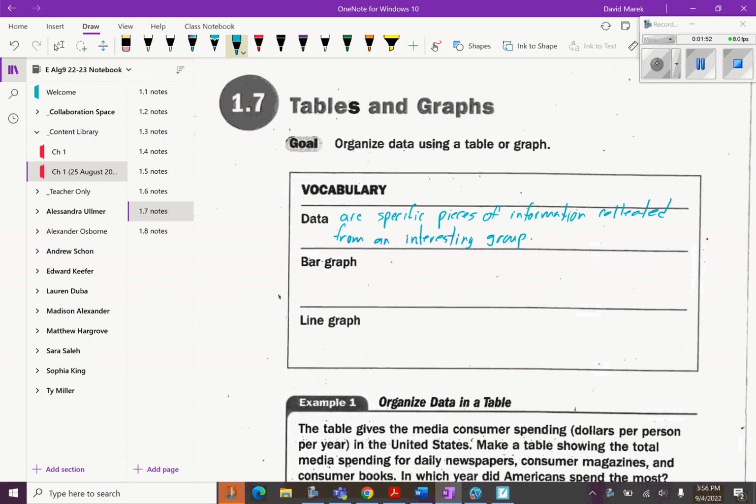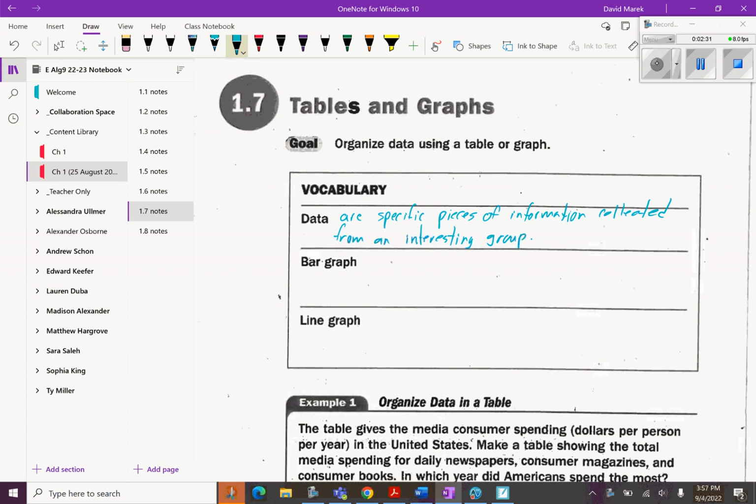I don't want to get too much into the terms that I use in my AP statistics class. I don't think that's necessary at this point in time, but I do think you should know data is not singular, data is actually plural. Okay? Data are, not data is. Data are specific pieces of information collected from an interesting group.